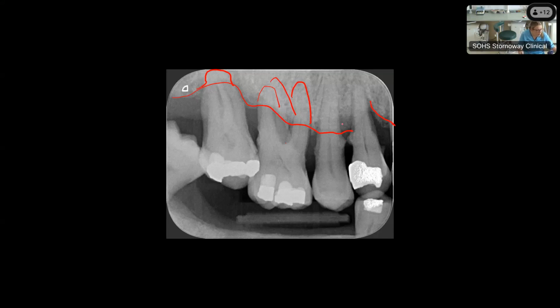You say horizontal bone loss ranging from probably about 50% at this point up to about 80% here, and then a vertical defect extending to 80% as well. You use a range if there is in fact a range on the radiograph.